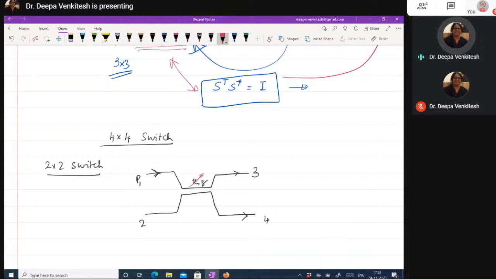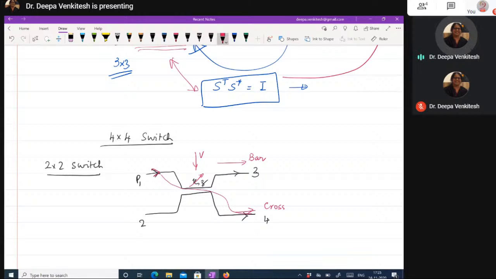We did not discuss those details, but one simple way of doing this is to make an electro-optic material here. So you can change the phase, and hence you can change the port to which the output appears. The output can appear directly in the bar port, provided you are giving input here, or it can appear in the cross port, depending on a voltage that you apply on the switch.